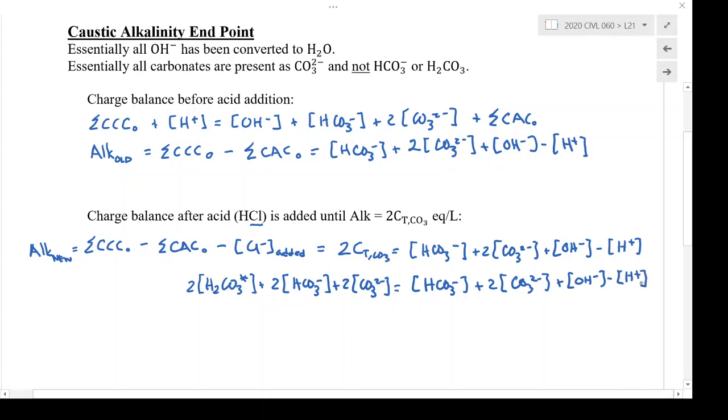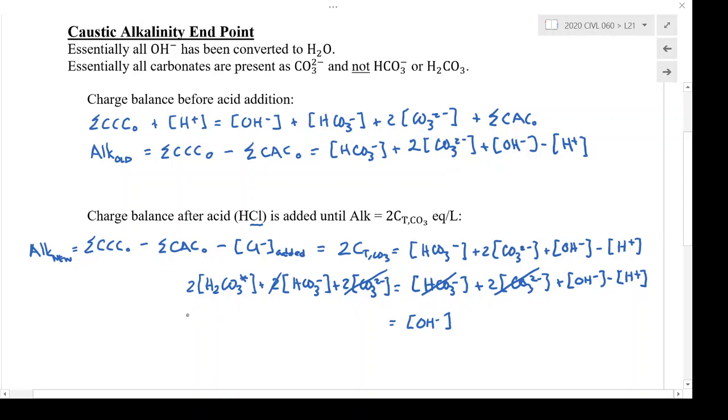Now I can start canceling things out. For example, my 2 carbonates cancel out on both sides. One of the bicarbonates cancels out, and that's it. So I'm going to rewrite this. The only thing I'm going to keep on the right side is the hydroxide.